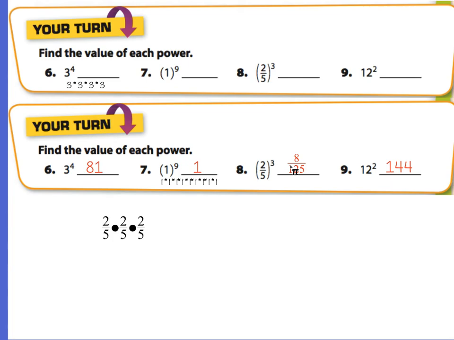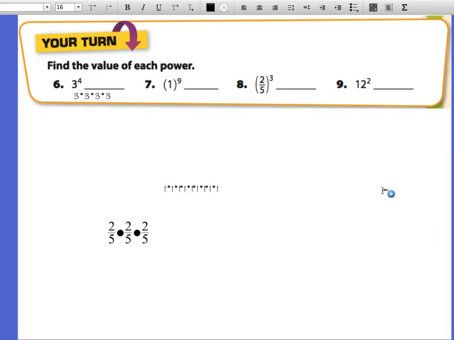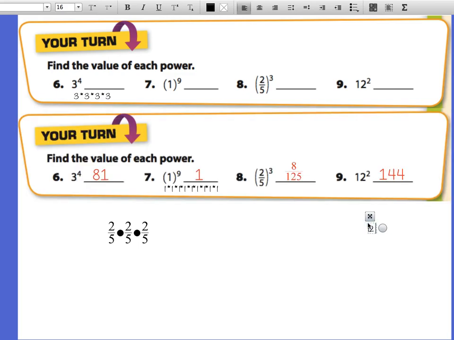Okay, I bet a lot of people are making that mistake of saying that this was 6 and this was 15. You can't get in that habit. Remember, you have to treat it just like you would an expression. 2 times 2 is 4. You take that answer and multiply it by 2, which is 8. And then this one would have been 12 times 12. And 12 times 12 is 144.